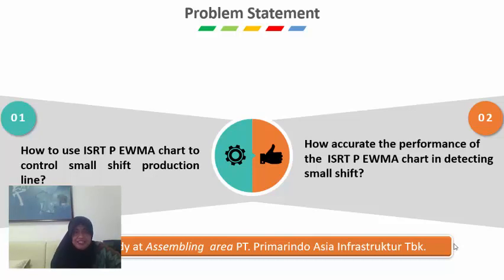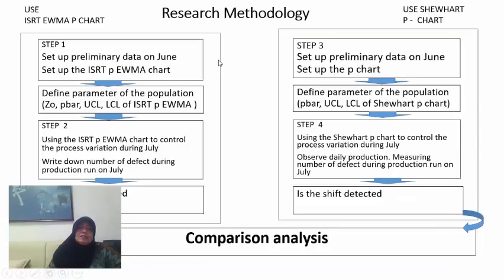As a case study, this will be done at the assembling area of PT Primarindo Asia Infrastruktur. The research will be done in 2 sessions. In the first session, we will use the proposed chart, and in the second session, we will use the Shewhart P chart. Both are then analyzed by comparing them with each other.